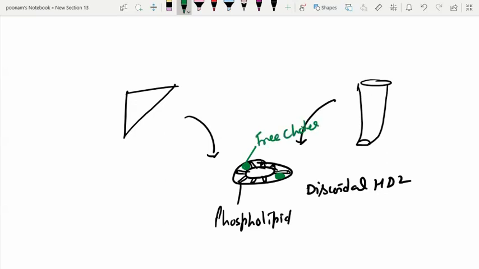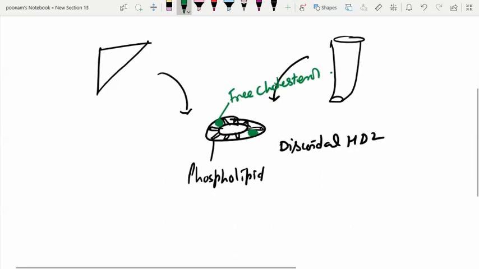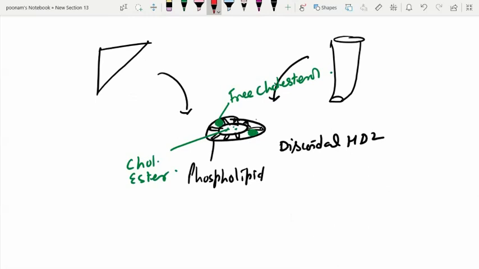So these are the two components of the shell of this discoidal HDL. The core section has a minor quantity of cholesterol ester. The apoproteins on HDL are ApoA1, ApoC and ApoE.